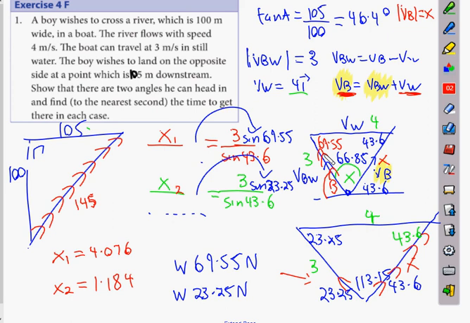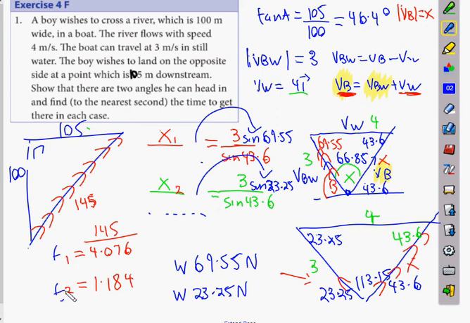Okay? So therefore, in both of these answers, divide 145 by x1 and then 145 by x2 to get the time involved. Okay? So it's 145 divided by this to get the first time, and then 145 divided by that to get the second time.